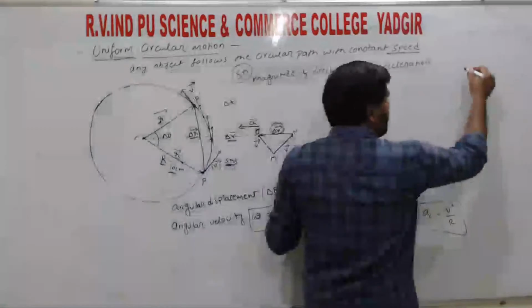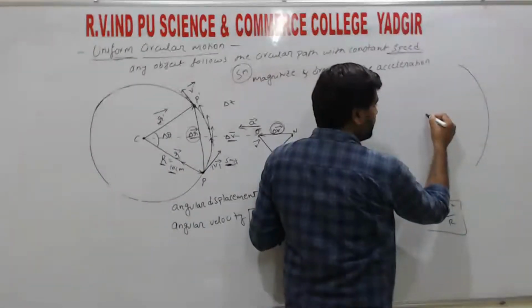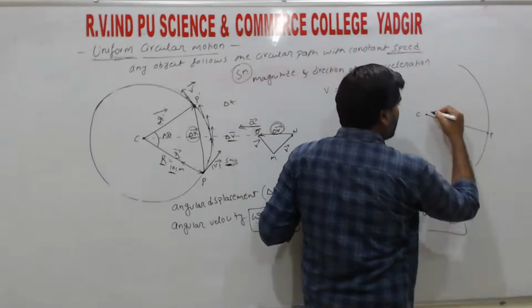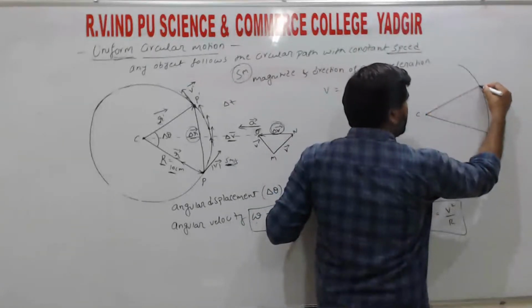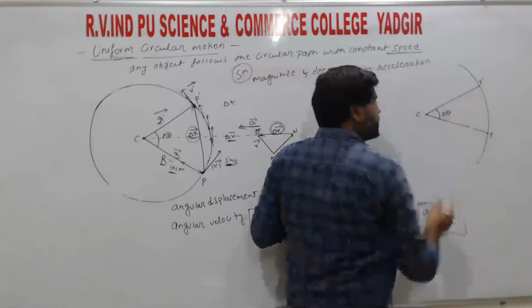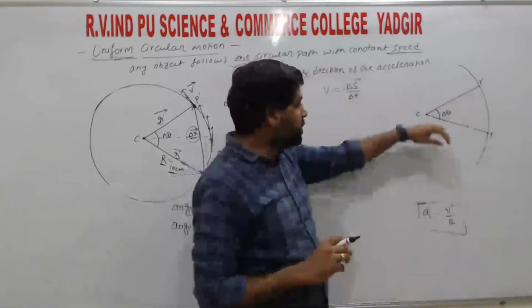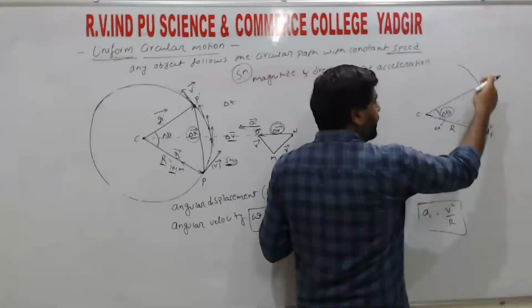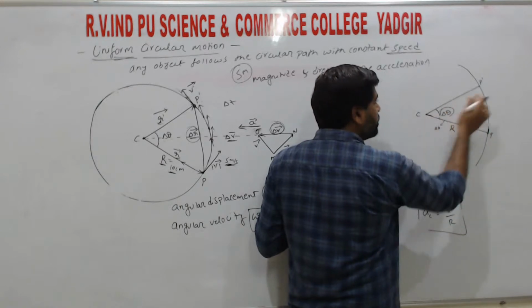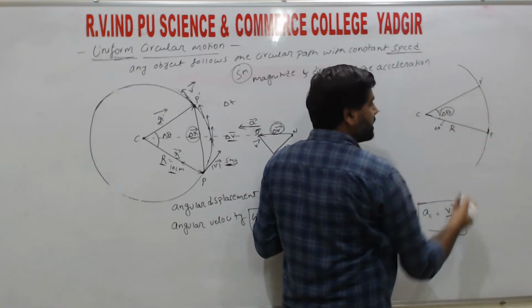So this is the center of the circle. Initially the object is at P. After a small time, it will move to P dash, making the angular displacement delta theta. Here the arc P to P dash will look like a straight line, so we consider it as a straight line.